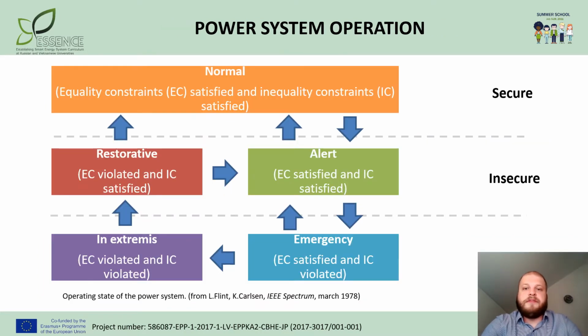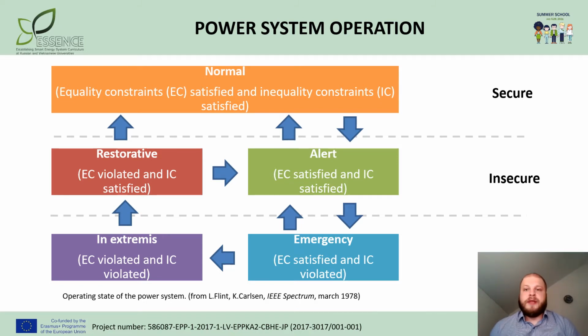Now let's talk about different power system states and some peculiar features of power system operation, because it provides a more detailed understanding of the requirements imposed on energy management systems and SCADA systems as well. In the normal operation state, all operation constraints of the power system are satisfied, meaning generation is adequate to supply the total load demand and no equipment is being overloaded or damaged.